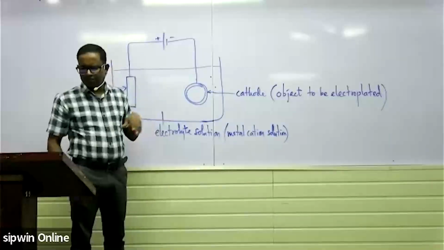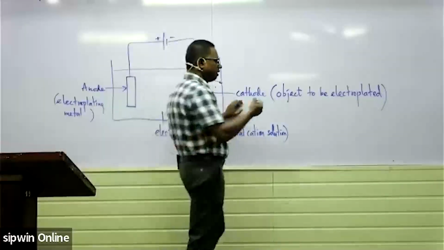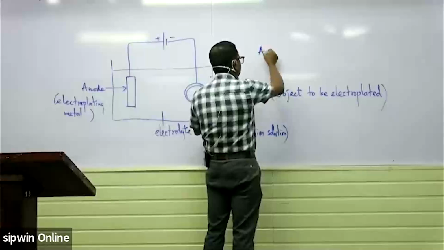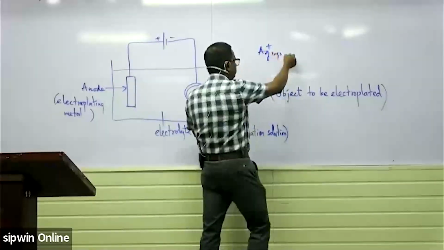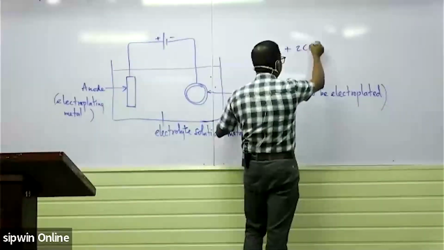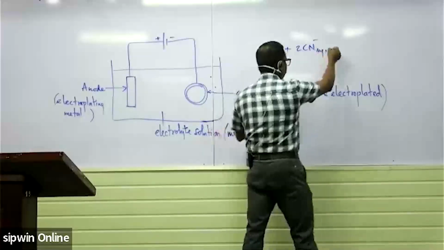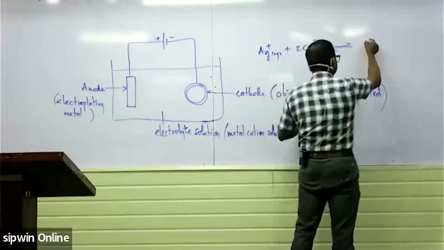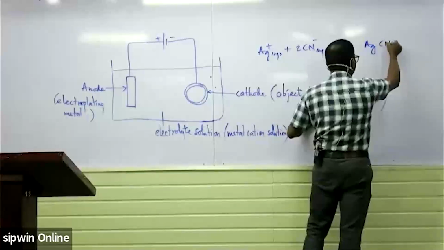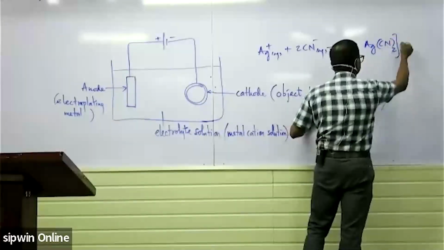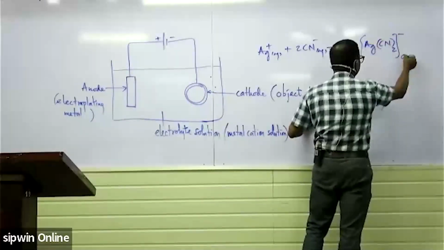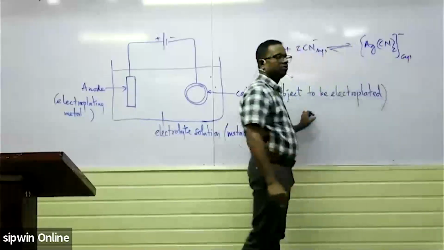Now for example silver, if you consider that one, silver cyanide, silver plus equals, right, cyanide with that one, this kind of complex formation. So silver cyanide is used there.